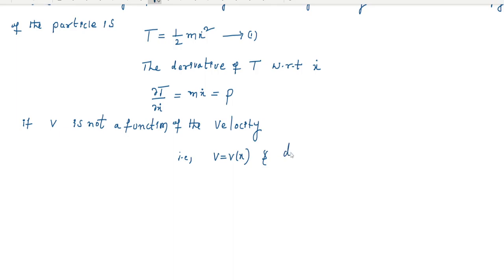And we can write dV divided by dx dot equal to 0.